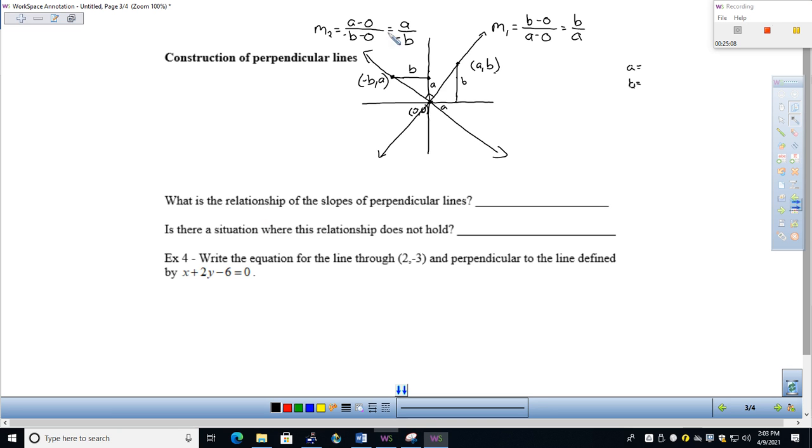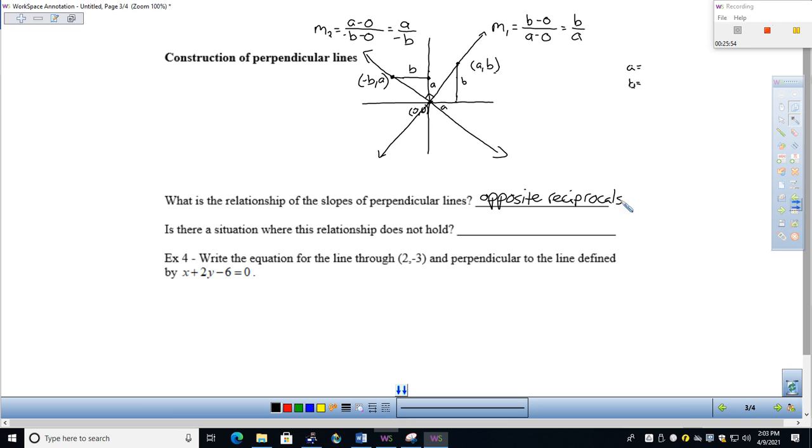Think of this as a negative slope. This one's a positive slope. And they are also reciprocals. This is A over B. This is B over A. And so that's what you're going to write. They are what are called opposite reciprocals. One positive, one negative, and they are reciprocals of one another.